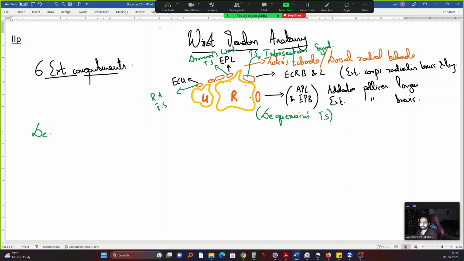The first is De Quervain's tenosynovitis. It is also called mommy thumb or washerwoman's sprain.